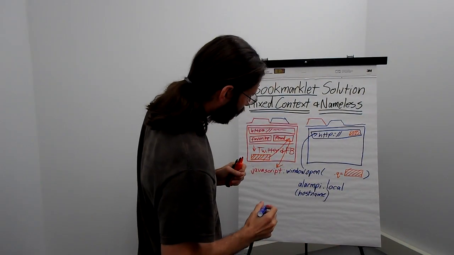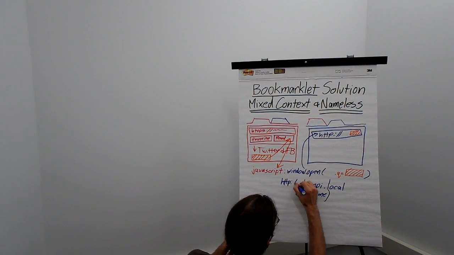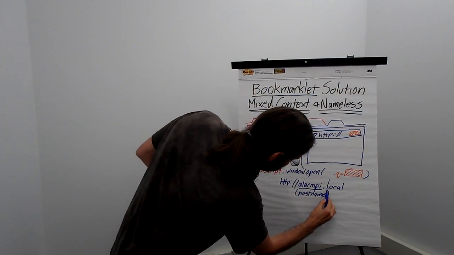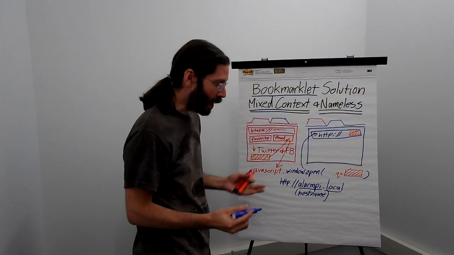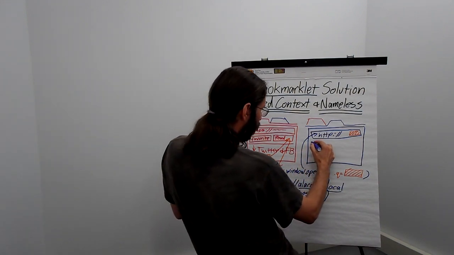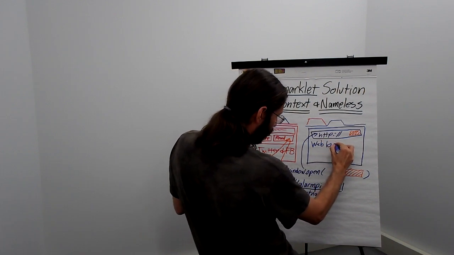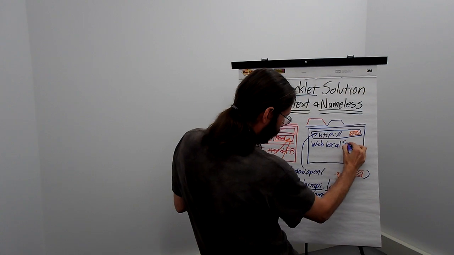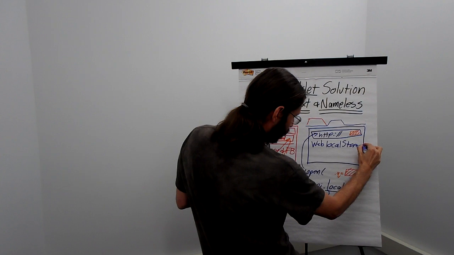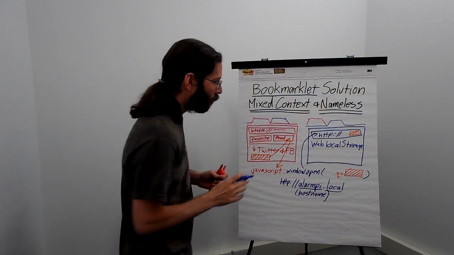And the beautiful part of this solution is that that is, for all intents and purposes, a domain name. And when you have a domain name, you can use web local storage. Which is essentially a database right there in the web browser.